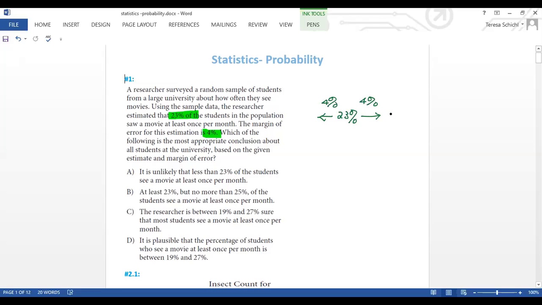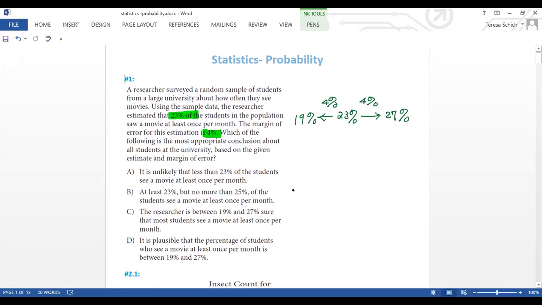So the upper value is going to be 27%, and the lower one is 19%. So for a certain confidence level, I can say that 19% to 27% of the population saw a movie at least once per month. That's how we interpret it. I'm pretty confident, at a certain level, about 19% to 27%.